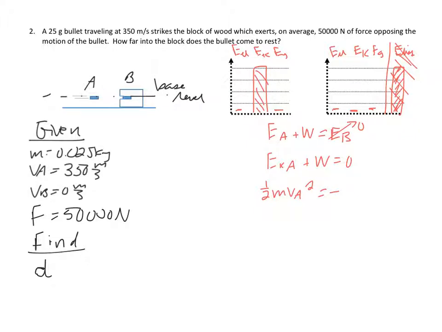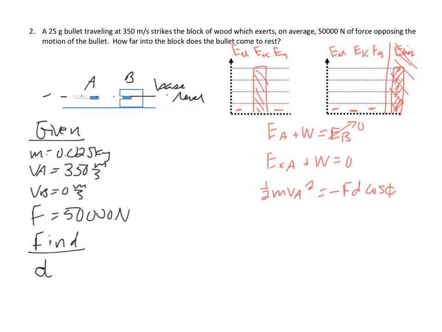In this case, we need to use the formula for work, F D cosine phi. Nothing cancels out here because mass is only in the kinetic energy equation, but we know mass, we know VA, we know force. Phi we're going to find right now. The only thing left to find is distance.